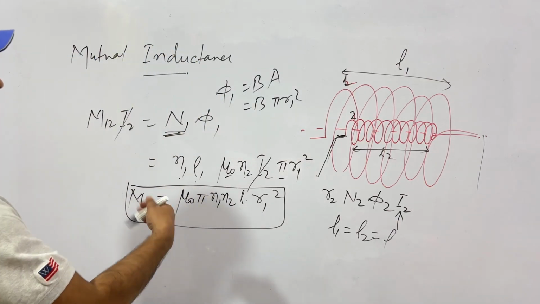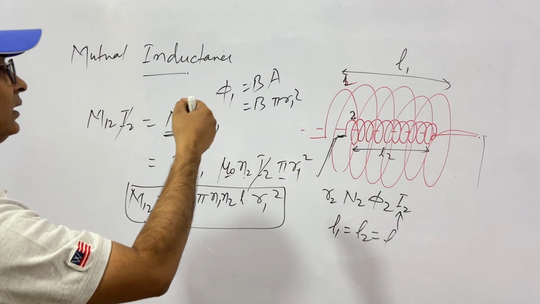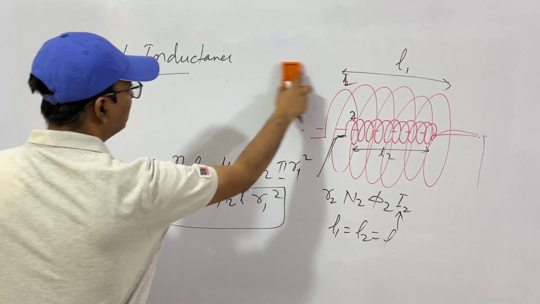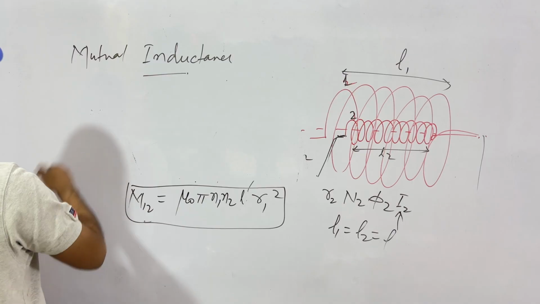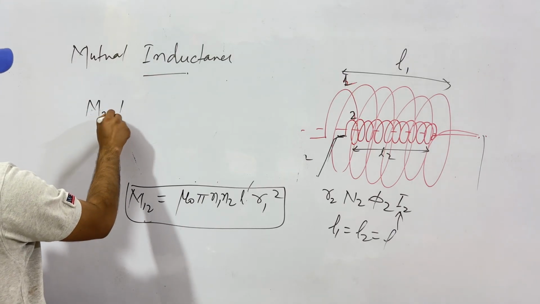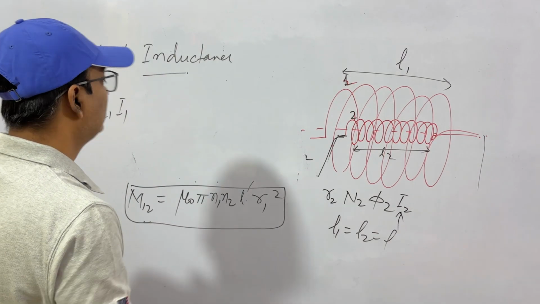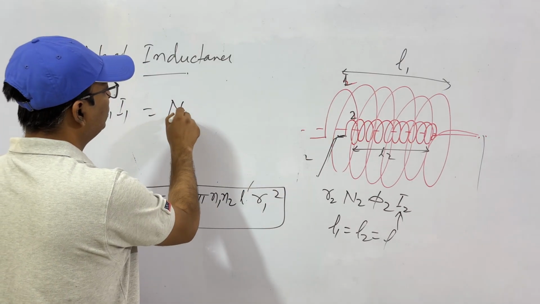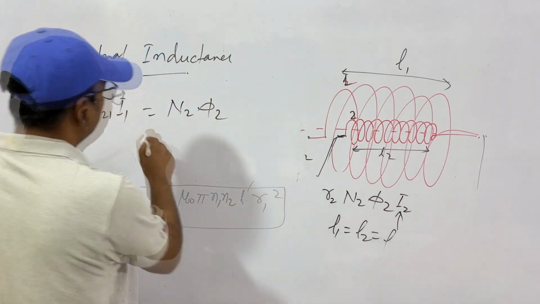What about M21, that is mutual inductance in 2 due to 1, if we want to find that? So let me rub this. If we talk of M21, obviously this will be due to I1. That is M21 into I1 will be, flux linkage will be in this, that is N2 phi 2. So what is this?